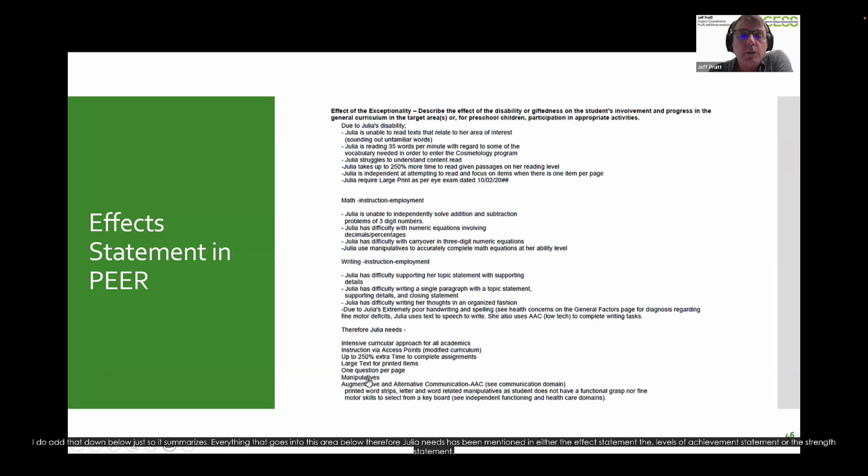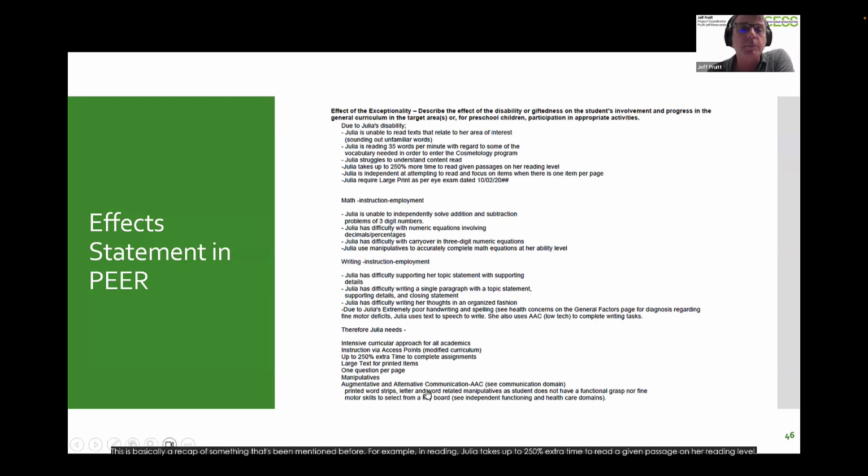Everything that goes into this area below, therefore Julia needs, has been mentioned in either the effects statement, the levels of achievement statement, or the strengths statement. This is basically a recap of something that's been mentioned before. For example, in reading, Julia takes up to 250% extra time to read a given passage on her reading level. Notice I did not put a reading level.